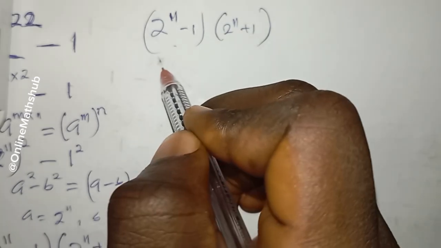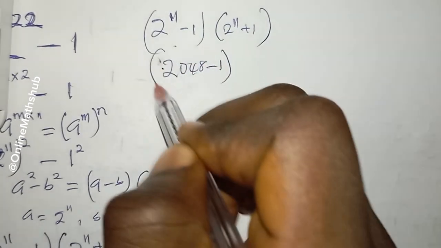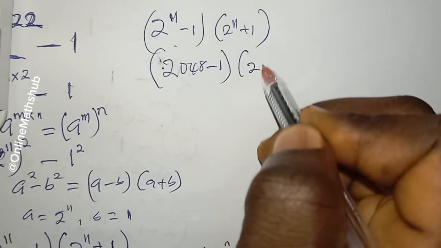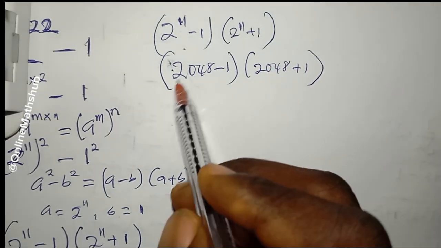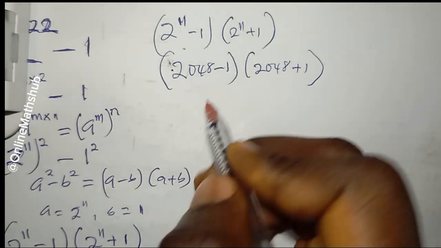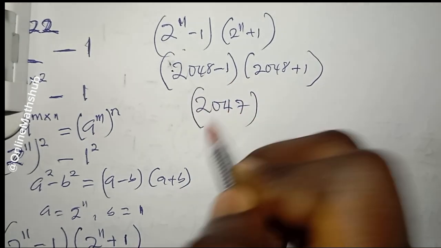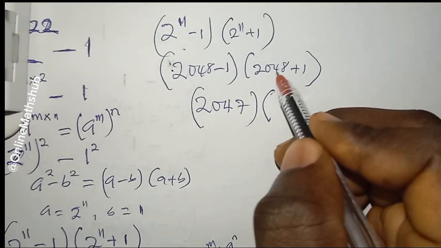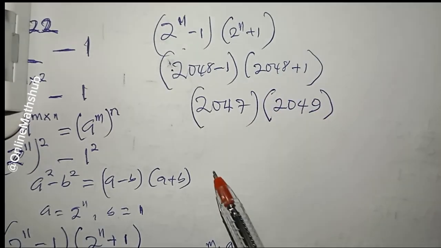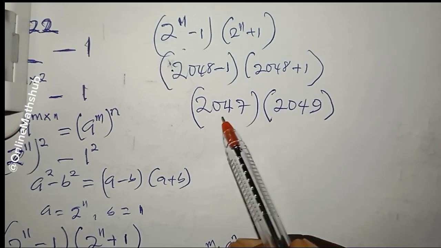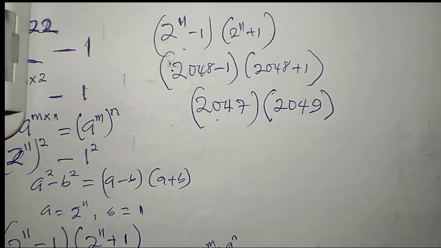We've got 2048 minus 1 and then multiplied by 2048 plus 1. Moving on, 2048 minus 1 will give us 2047, and 2048 plus 1 will give us 2049.